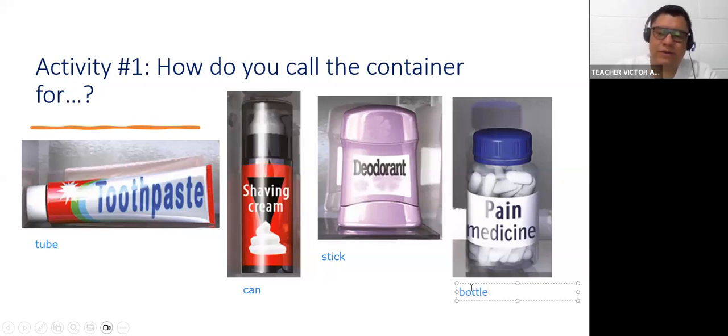This is a bottle of pain medicine. We have different options here, not necessarily just pain medicine. We have different types of medication that actually come in bottles. All right, perfect, great job. Okay, so that means that you have a fresh memory about this topic.